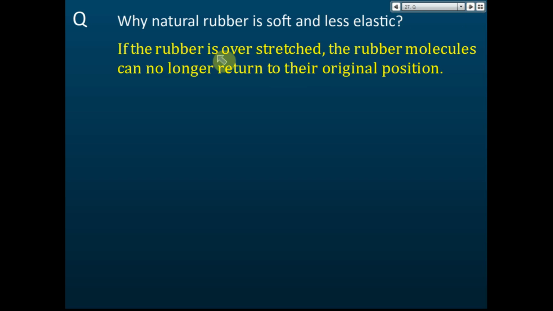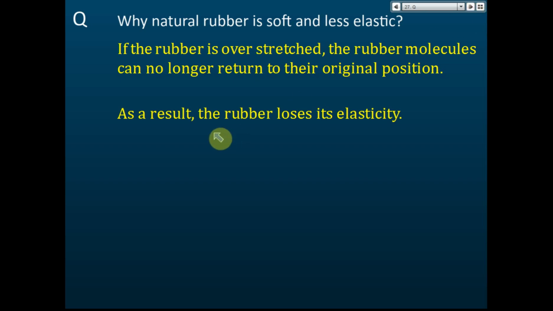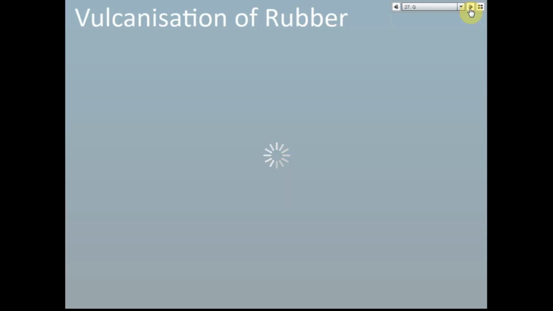If the rubber is overstretched, the rubber molecules can no longer return to their original position. If you stretch it too much, it cannot return to its original size and shape, so we say the rubber loses its elasticity.